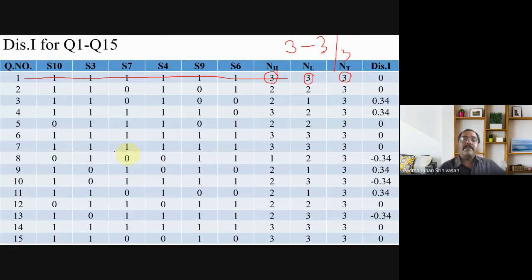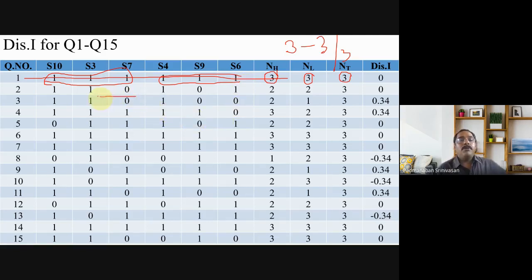I think you can get it from the first question itself. It is answered by all the people in the high group, and also by all the persons in the low group. If every person in the high group and low group answers, this question does not discriminate. See the third question. It's a good question.